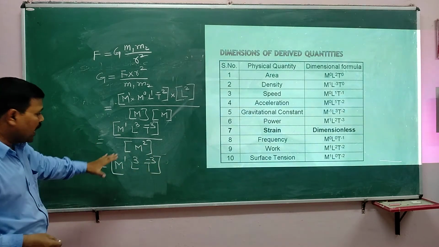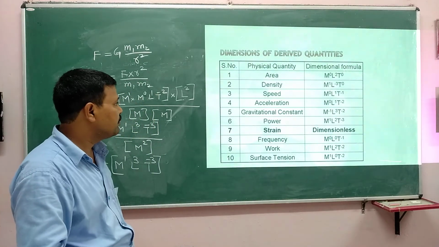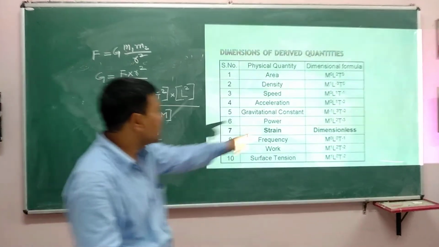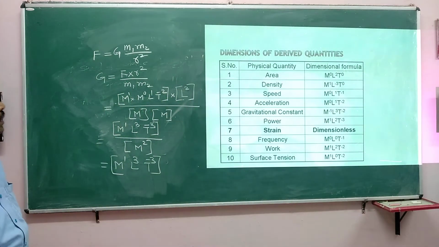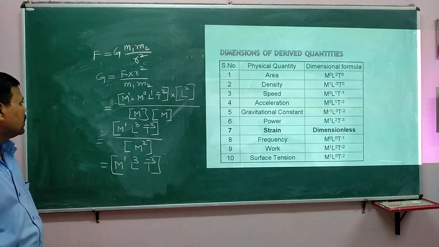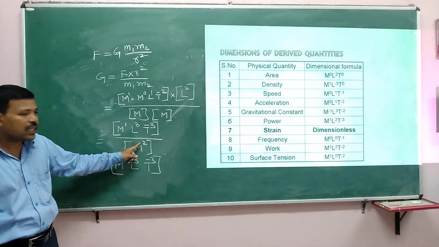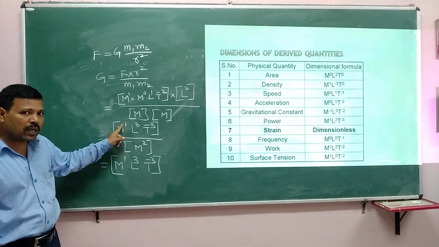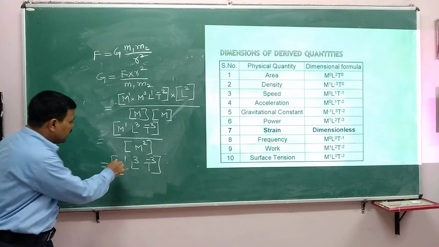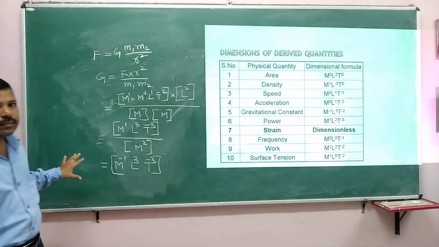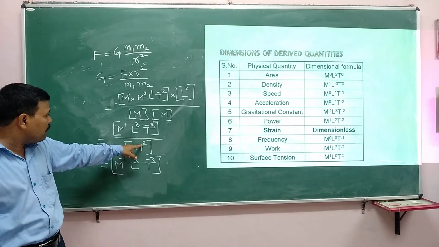So this is the dimensional formula of gravitational constant. M raised to minus 1, L raised to 3 and T raised to minus 2 is the dimensional formula. So here this is minus 2 and this is plus 1, minus 2 plus 1 will become minus 1. When you take this to numerator, this plus 2 will become minus 2.